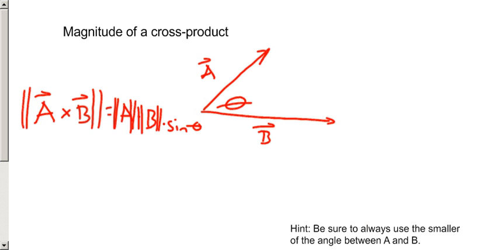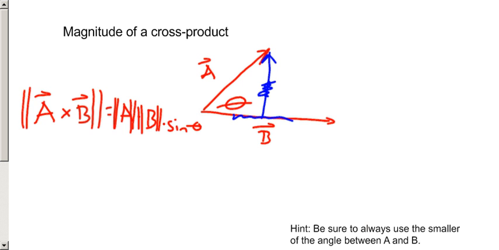So it's looking at the magnitude of A that's not in the direction of B, that's perpendicular to B, times the magnitude of B. So pictorially, what we're talking about is, here's A perpendicular to B, we're multiplying the magnitude of this vector times the magnitude of that vector.